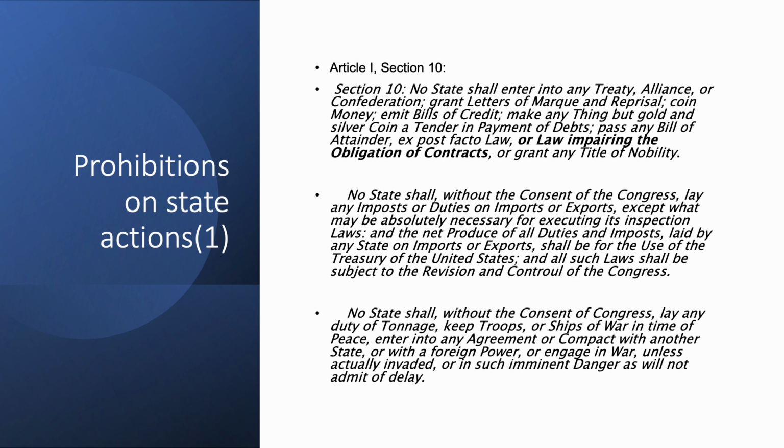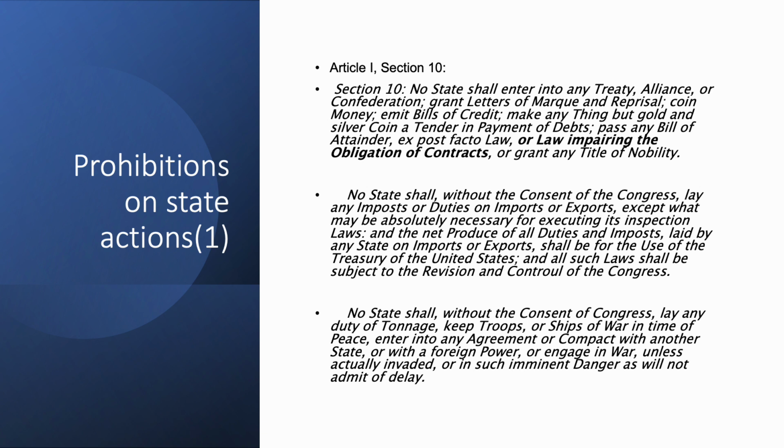You see, the states prior to the Constitution were engaging in their own foreign policy, and they were trying to make treaties. So you'd have a treaty of South Carolina with France, and then Virginia might make a treaty with the UK, this sort of thing. Well, that has to stop. Section 10 says no, they can't do that anymore. They also cannot do other things.